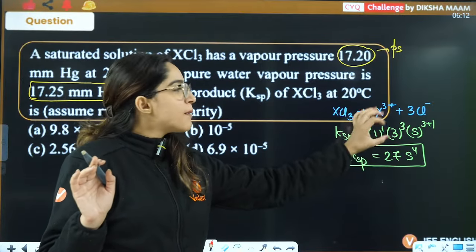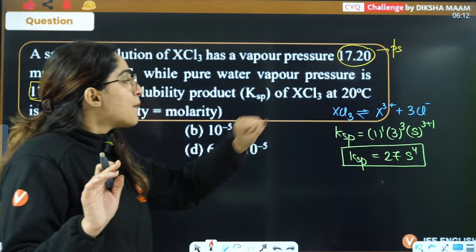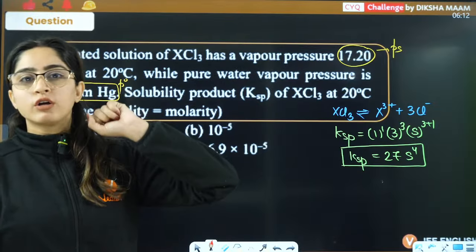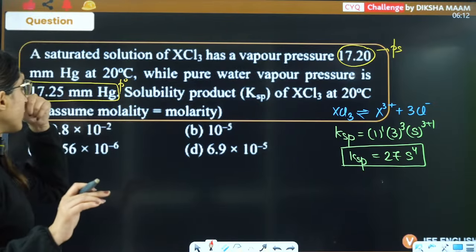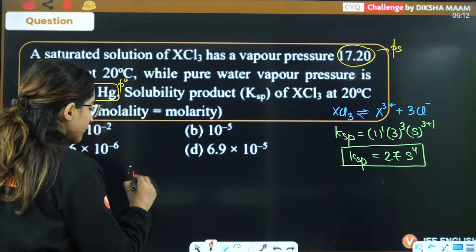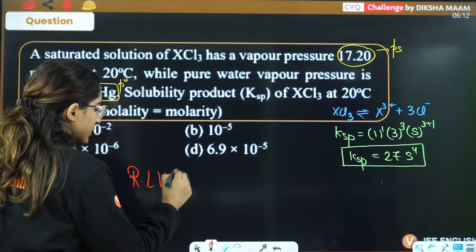This is the part of ionic equilibrium. But how to calculate solubility, that we will see from the solution chapter. Now here P0 and Ps are given to you, so you can apply relative lowering of vapor pressure here.